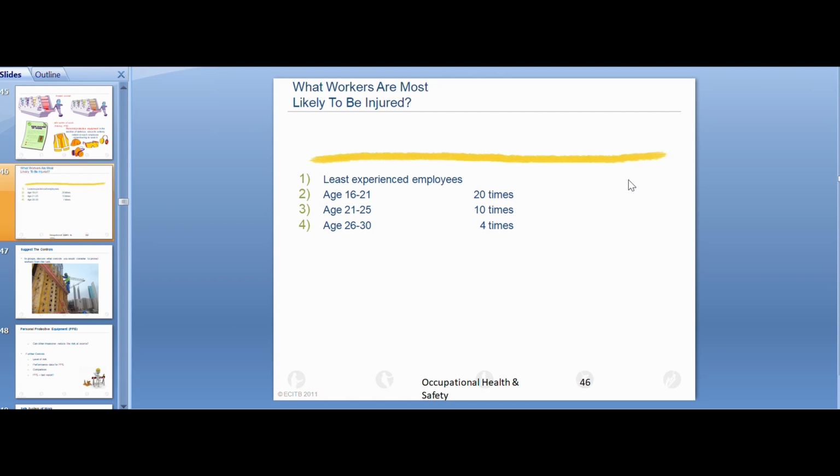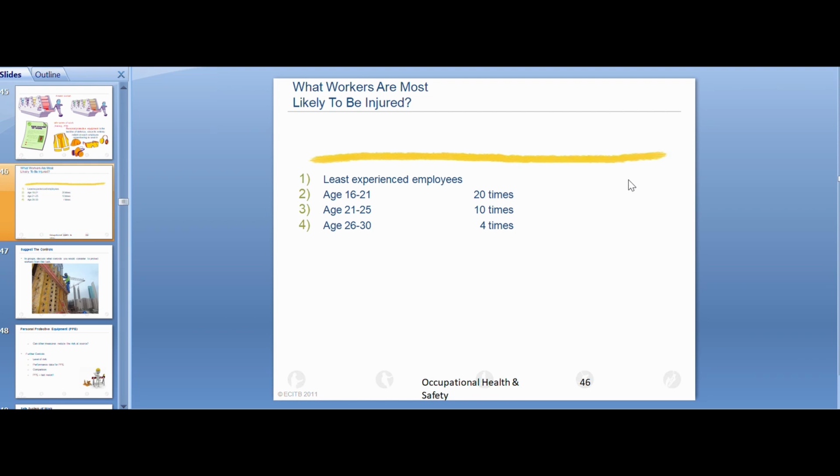Due to age, the risk also matters. At age 16 to 21, very young age, the person is 20 times more likely to get injury or ill health. After some experience, at 21 to 25, it is reduced because they have experience and are aware.